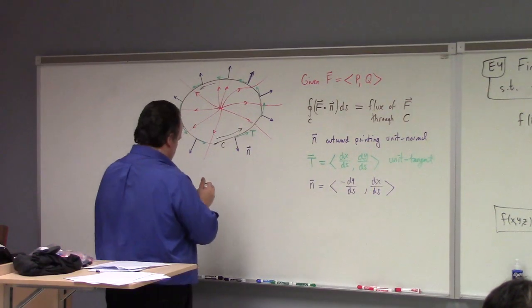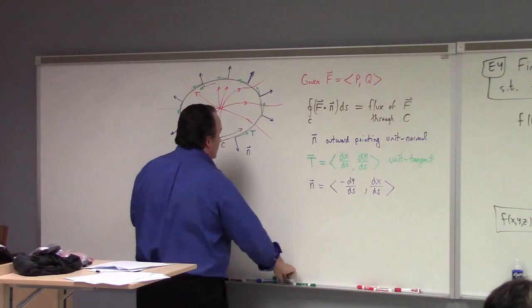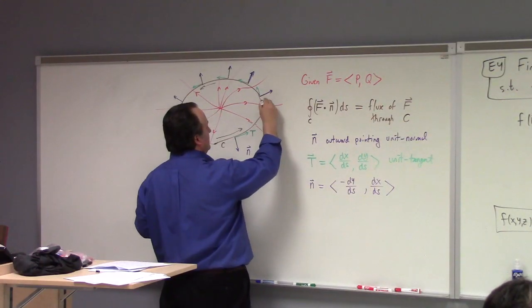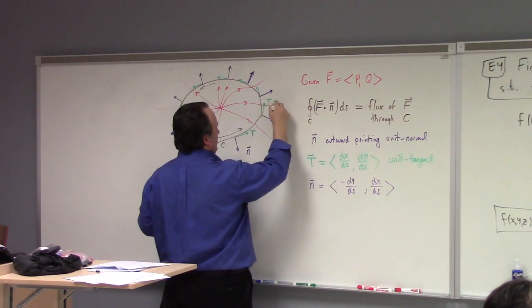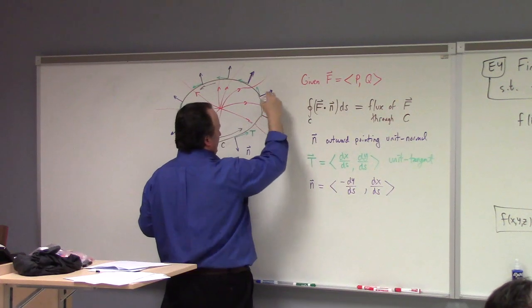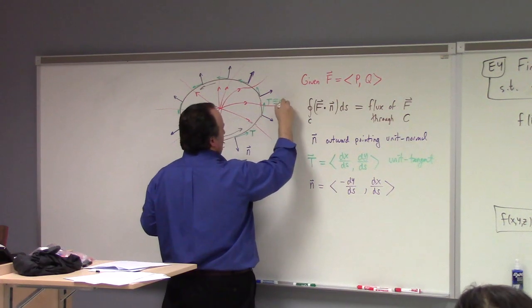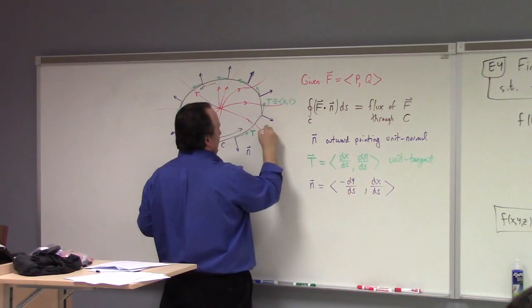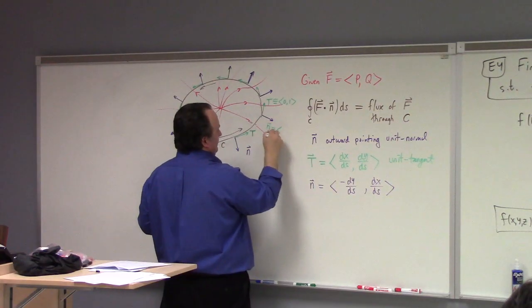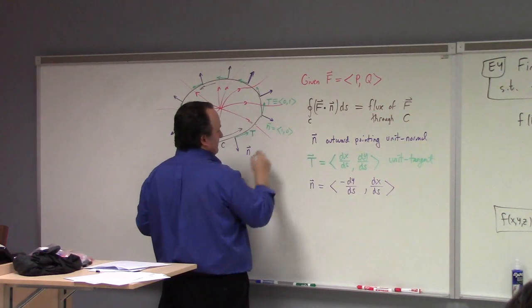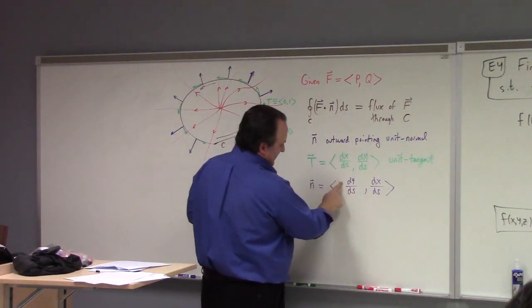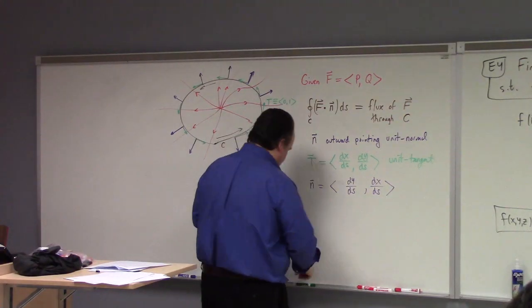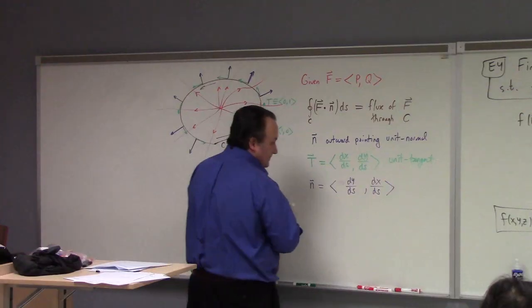This t right here would be roughly 0, 1, but the n should be 1, 0. So apparently I need to have the minus over there.